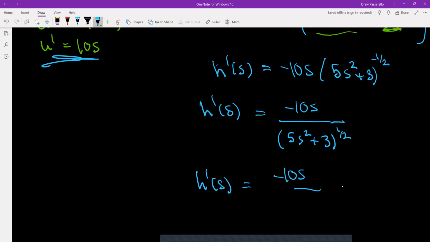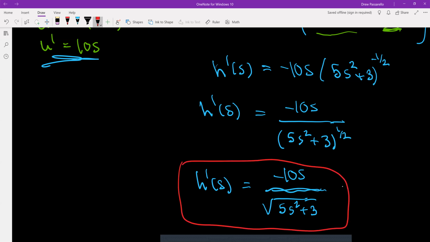So you could write it -10s divided by the square root of 5s squared plus 3. And that would be what the textbook would want. So this is the answer. This would be what the textbook wants.